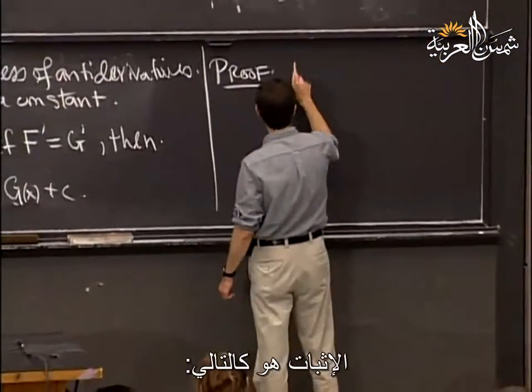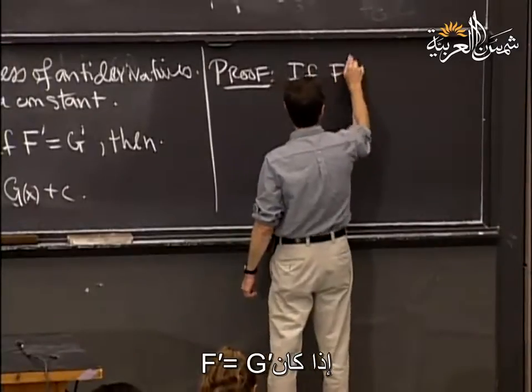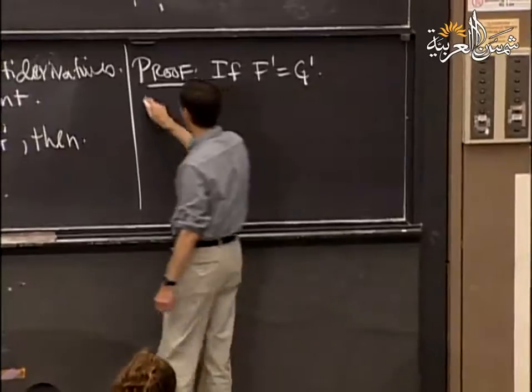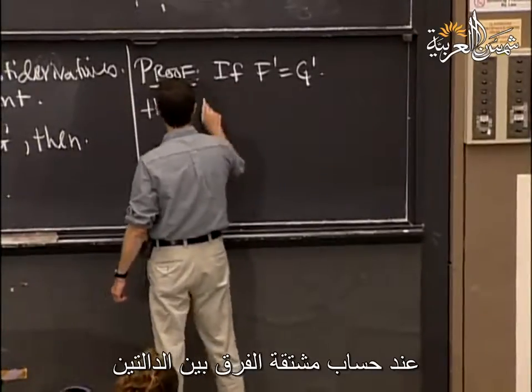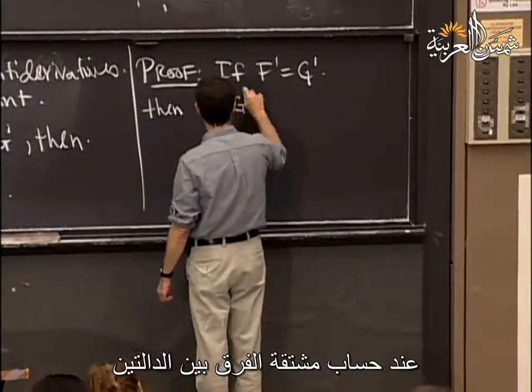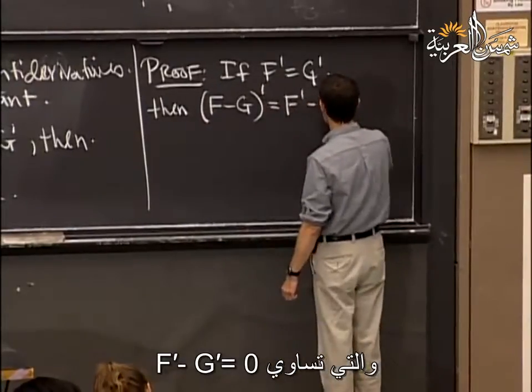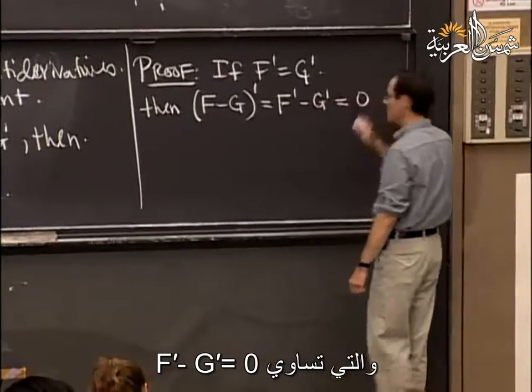The proof is the following. If f prime is equal to g prime, then if you take the difference between the two functions, its derivative, which of course is f prime minus g prime, is equal to 0.